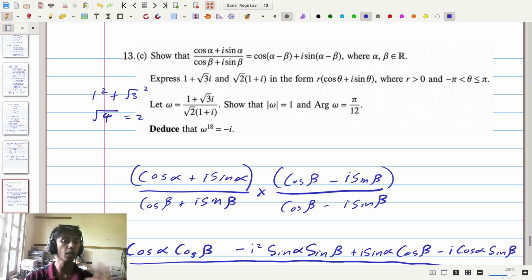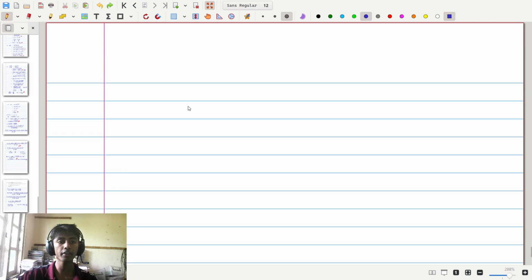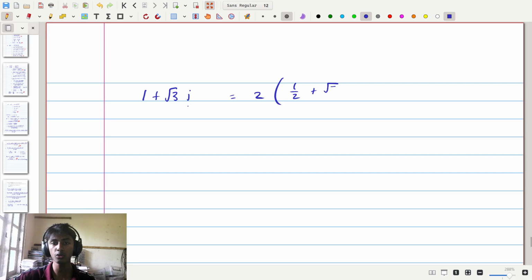Due to this, in order to turn this number into the radial form, we need to divide and multiply by 2 to factor out a value of 2 from this number. So we can write 1 plus root 3i, and factorize out a 2 to get 2 times 1 over 2 plus root 3 over 2i. Now we can substitute the known value of cosine of pi by 3 for 1 over 2 and sine of pi by 3 for root 3 over 2.